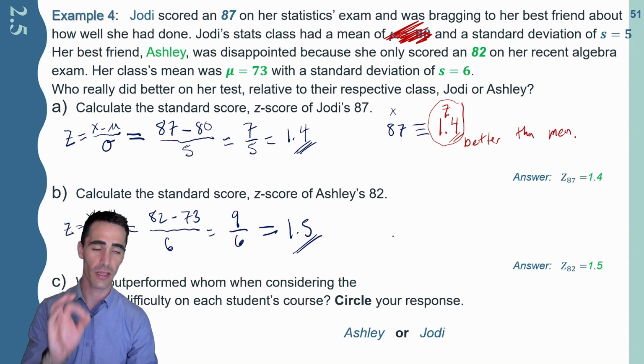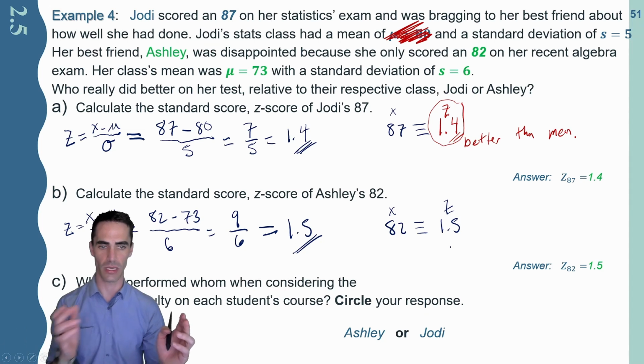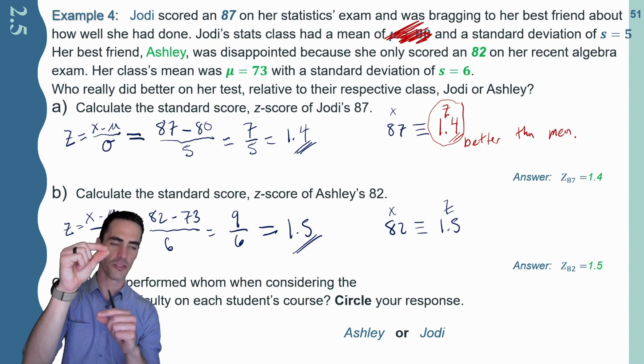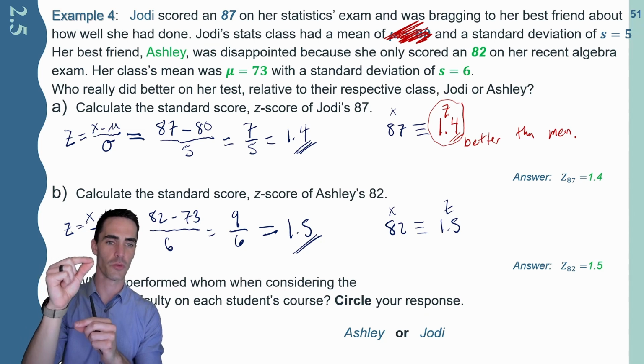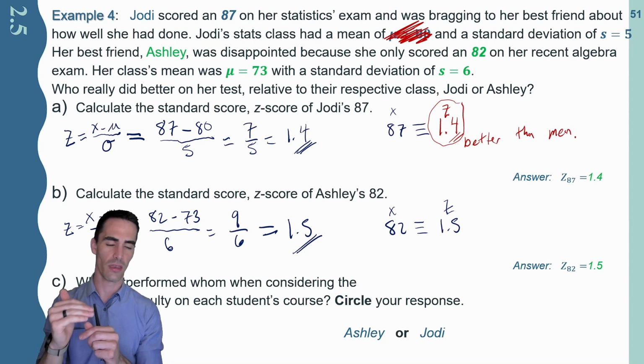So again, relatively speaking for her, an 82 for an x value is equivalent to 1.5. That is her z-score. So she did, again, better than the mean. But the big question is, if we're comparing these two scores, Judy's 87, Ashley's 82, it's kind of improper to actually compare their data points or their actual scores, because maybe the statistics exam was easier than the algebra exam.